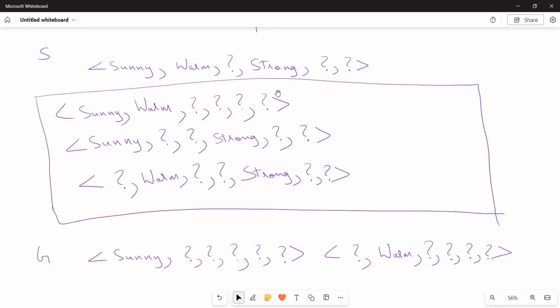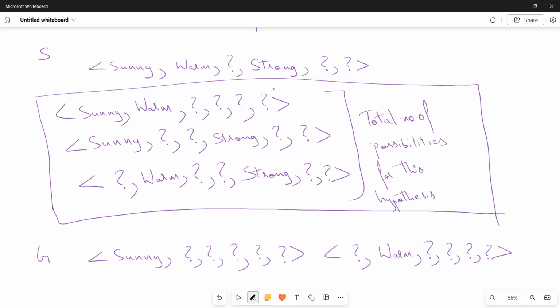So now what do we have here? The total number of possibilities for this hypothesis is 3.